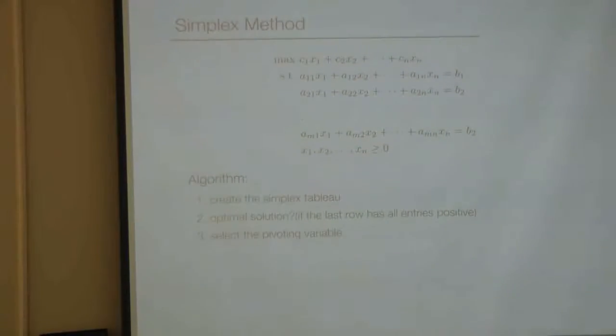For that, we need to select the pivoting variable. We know how to select the column as the smallest negative entry in the last row. And the row position we select as the smallest positive ratio between the right-hand side and the corresponding leading coefficient. And then, that's what's written here.